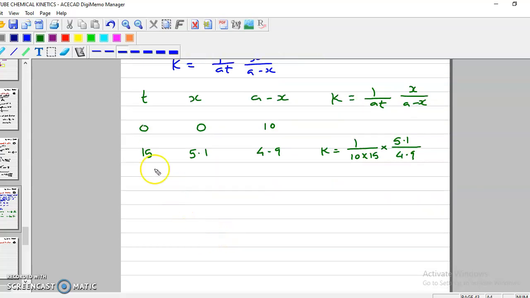Then at 25 minutes, A minus x is equal to 3.6. So 10 minus 3.6 will be 6.4, that is x.